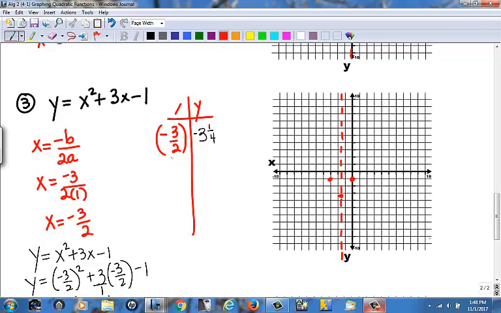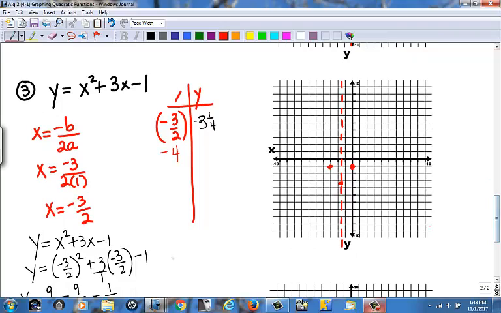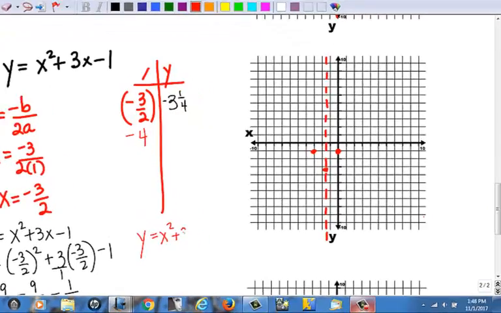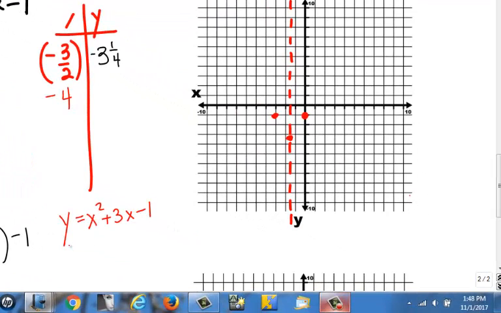Now let's try 3. No. Let's try negative 3. Nope, we already got that one. Let's try negative 4. If you put negative 4 in for x, go back to your original, x squared plus 3x minus 1.